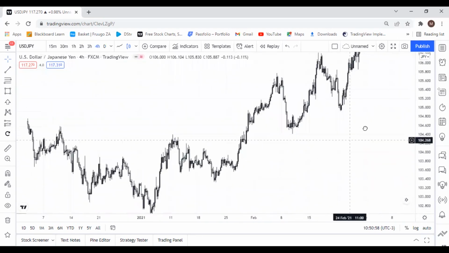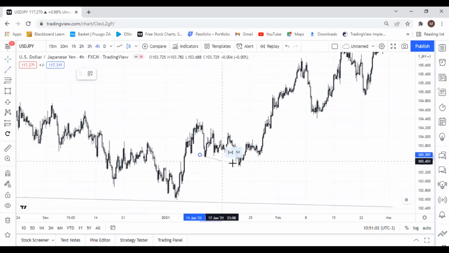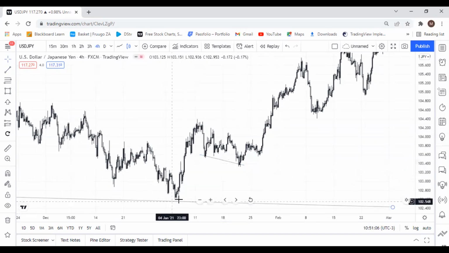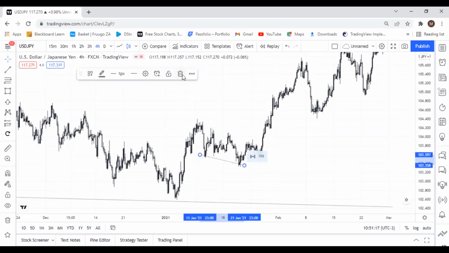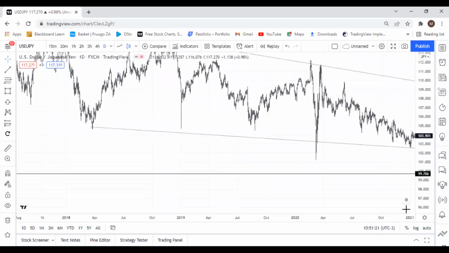So this is what I took. I saw this huge impulse in the 4 hour time frame followed by a correction, and I took that buy. So it's the same concept with what's happening with the bigger time frames.